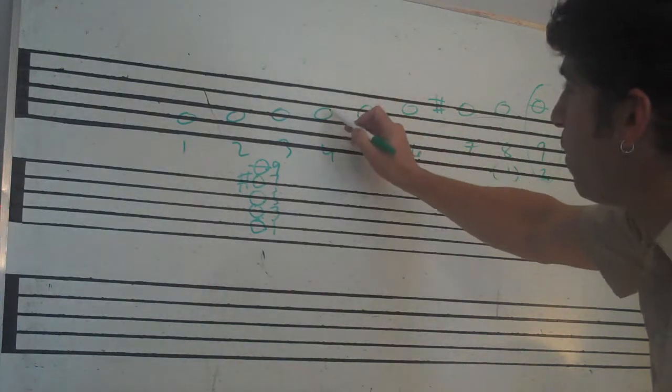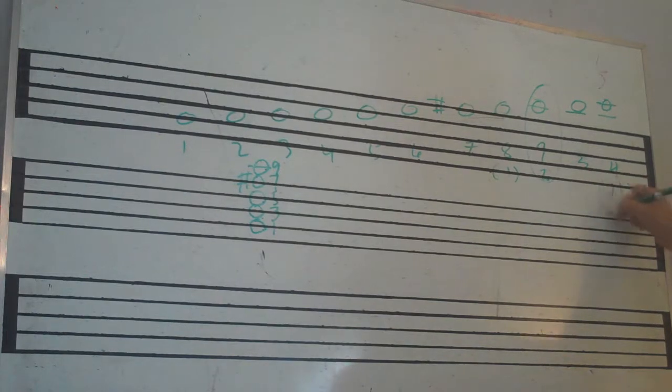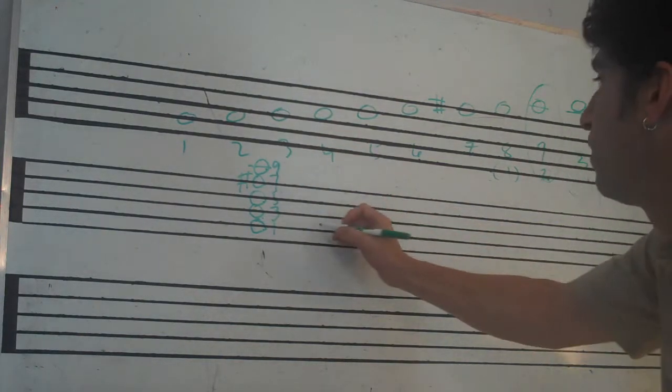And then we've got the 4, C. Now that 4 can also be called an 11. I'll put a 10 here just so that you can see that that's what it would be called, but we don't really call it like that. So 4 or 11.